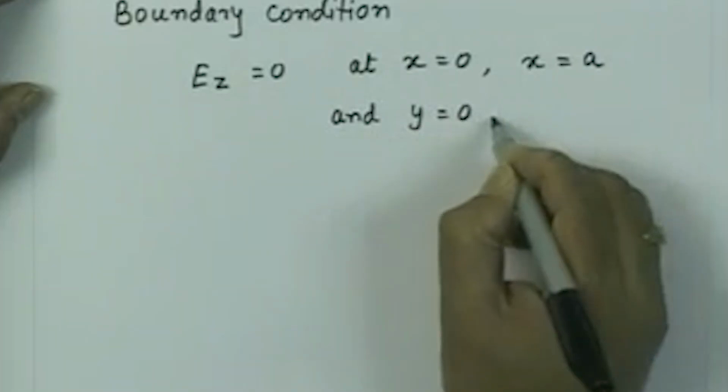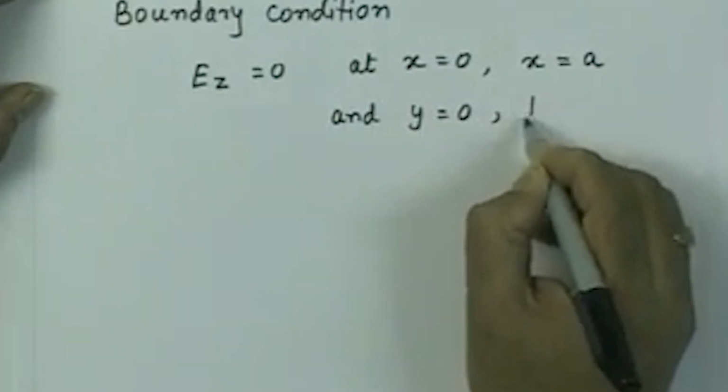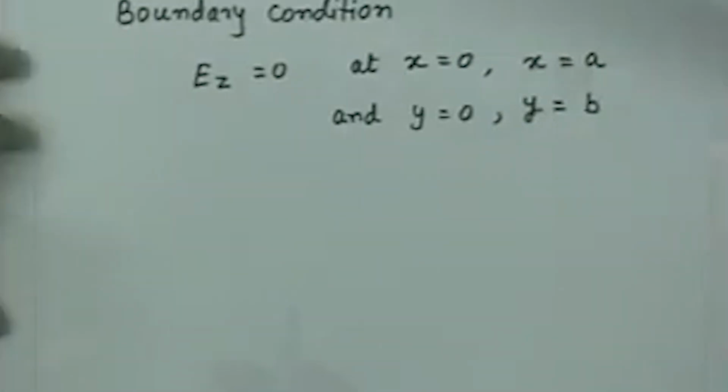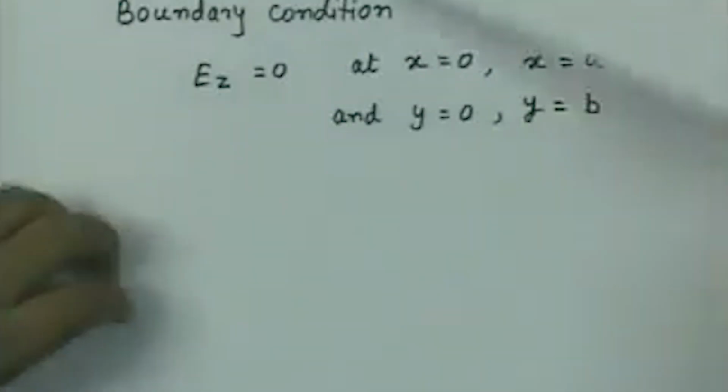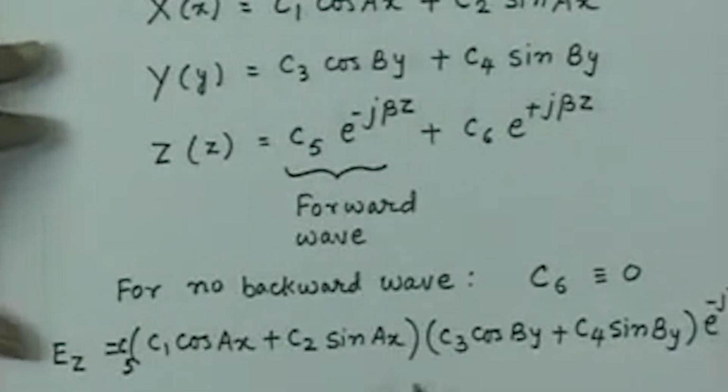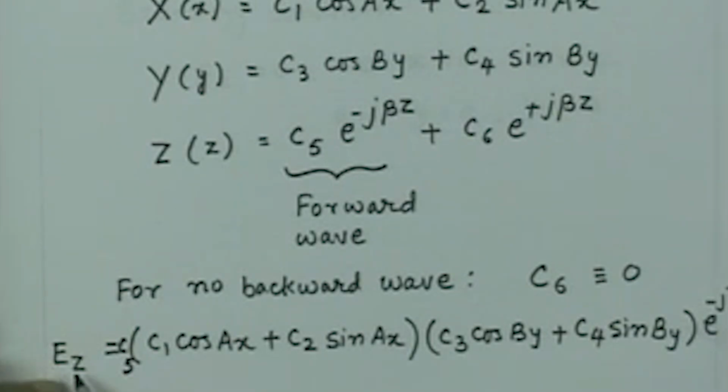y equal to 0, y equal to b. So, I just use the boundary conditions one by one. If I put x equal to 0 in this quantity, sin of Ax will be 0. Now, Ez is 0, that can happen provided this C1 quantity is equal to 0.